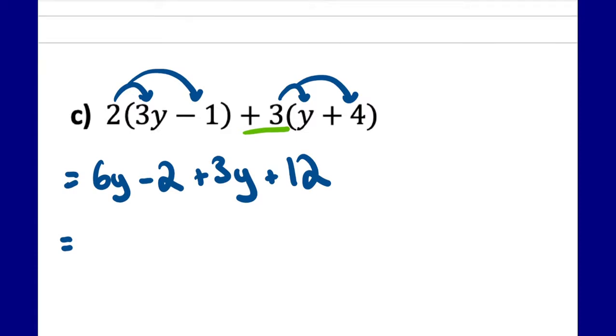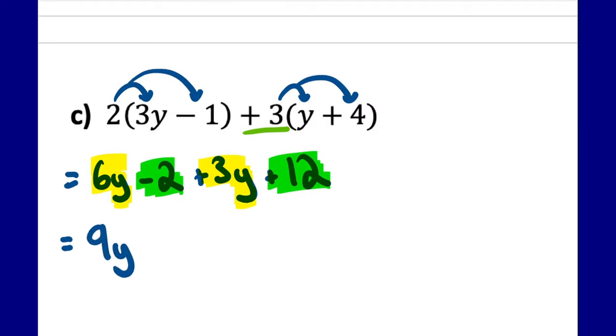Now let's look to see if we have any like terms. Well, I have a 6y, and I do have a 3y because they both share a y. I also have a minus 2, which is just a number, and a plus 12. So let's combine those like terms. 6y plus 3y is 9y.